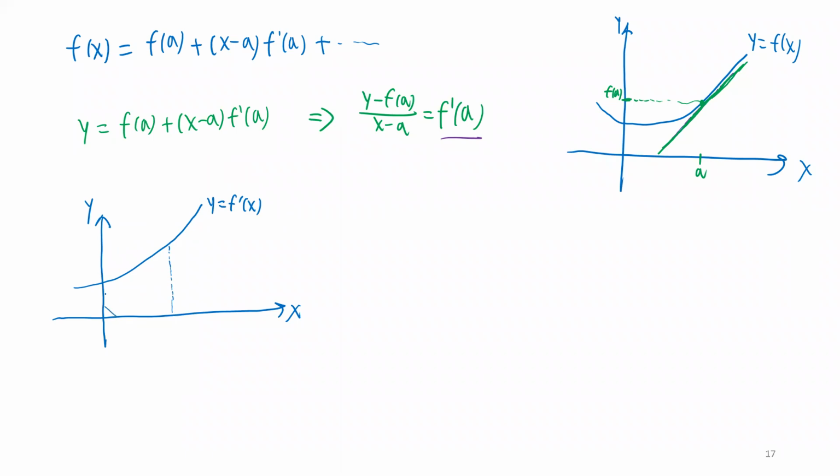So this area over here. So what is the area under this curve? You know that the area over here is actually the integral of this curve, f prime x.